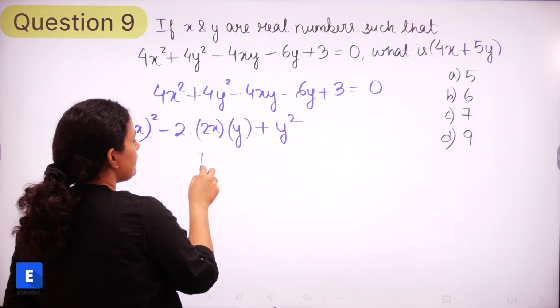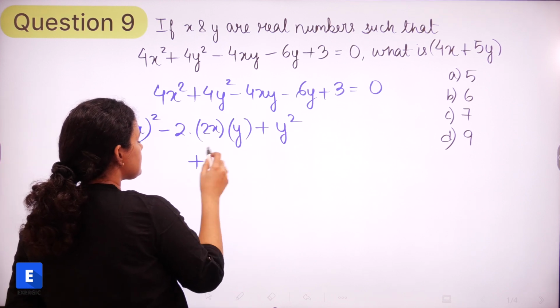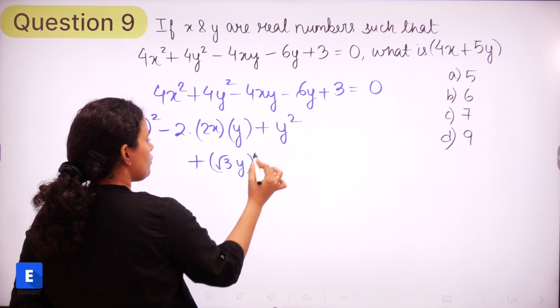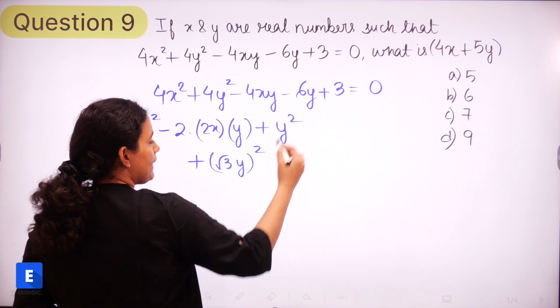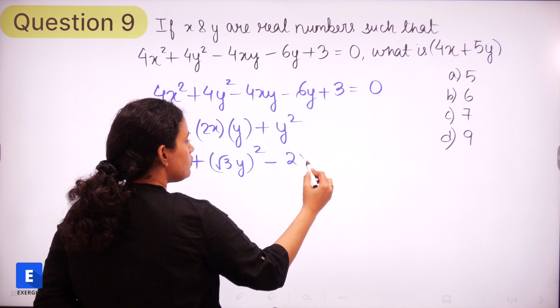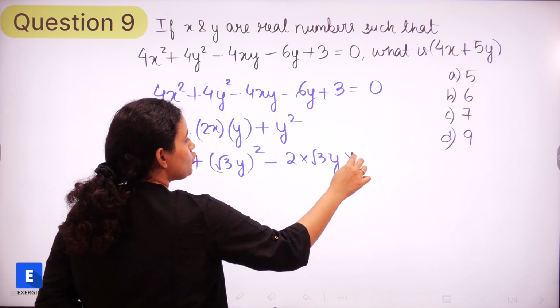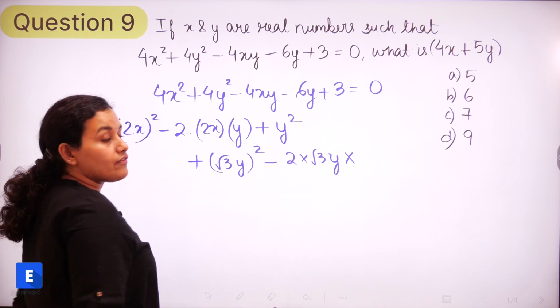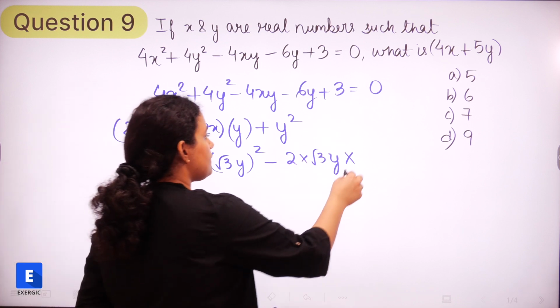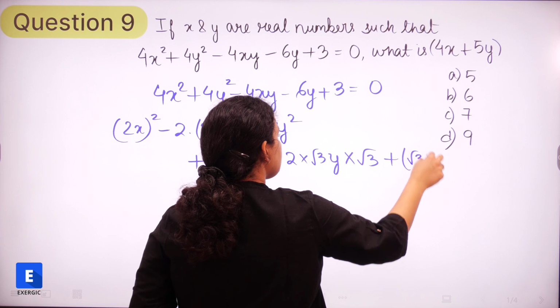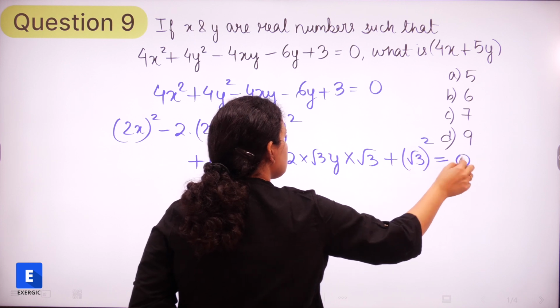So I will be having plus 3y square, which is nothing but root 3y whole square. And I have a minus here. So minus 2 into root 3y, that is a, into b. We have got 3, so root 3. B will be root 3, plus root 3 square. This is equal to 0.